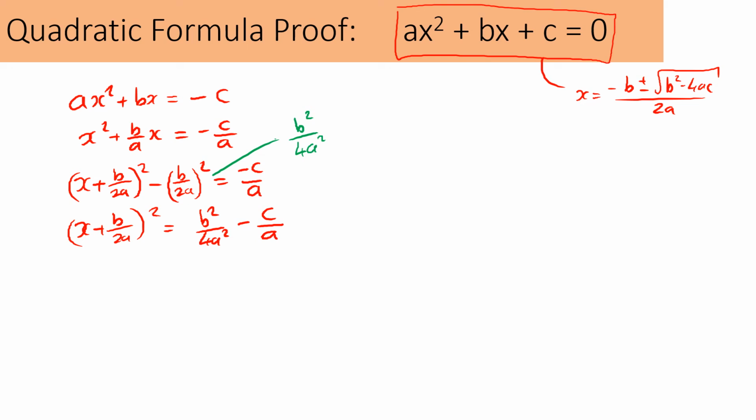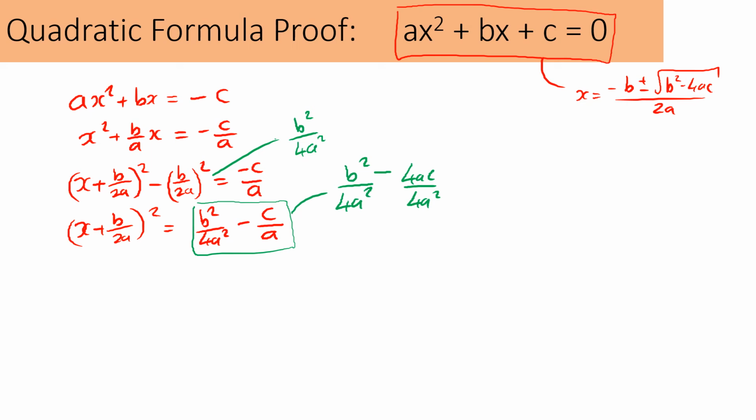And then we could get a common denominator going for this, couldn't we? We could give them the common denominator 4a squared. The first one already has that common denominator, so that's still going to be b squared. And then the other one needs to be times by 4a to make it happen, so we're going to have 4ac.